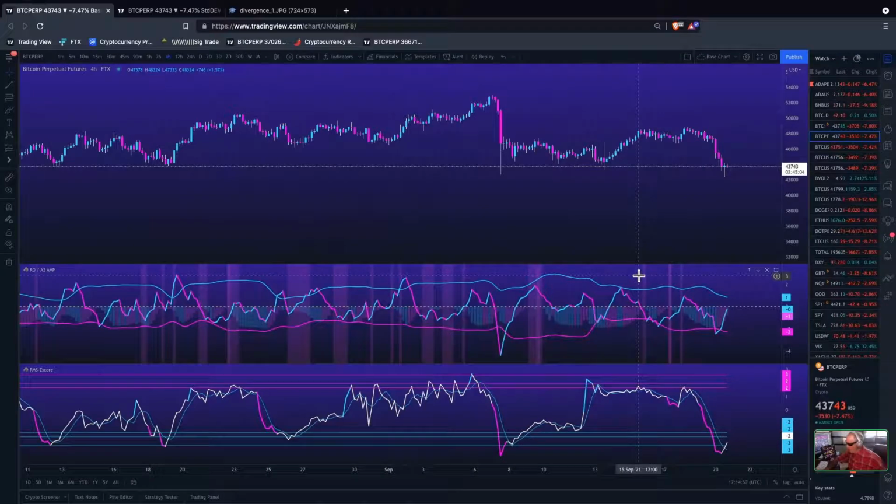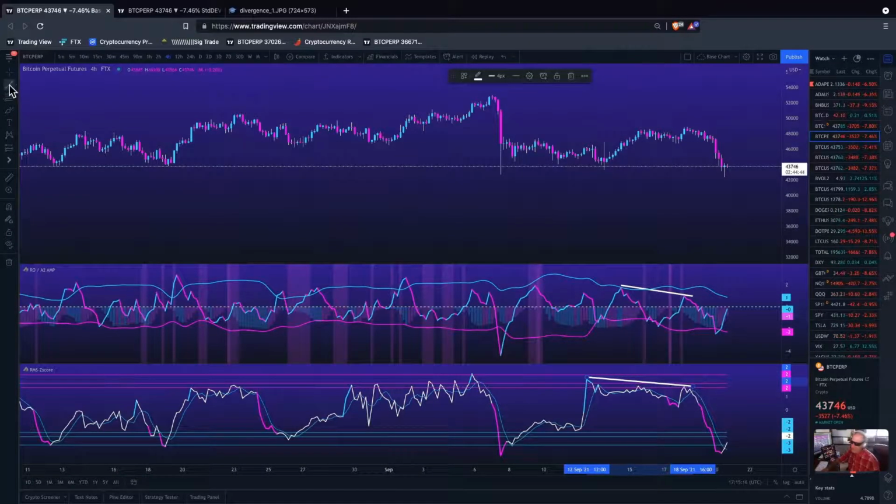Now, let's go to this latest little move here. Why we're pulling back right now. What do we got setting up again?